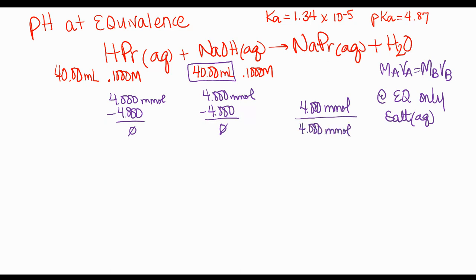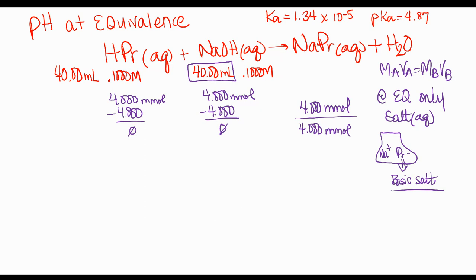Now, unlike NaCl, NaPr is not neutral. Okay, NaPr, Na plus, Pr minus. Pr minus is a basic salt. If you have to, go rewatch the video on basic salts.